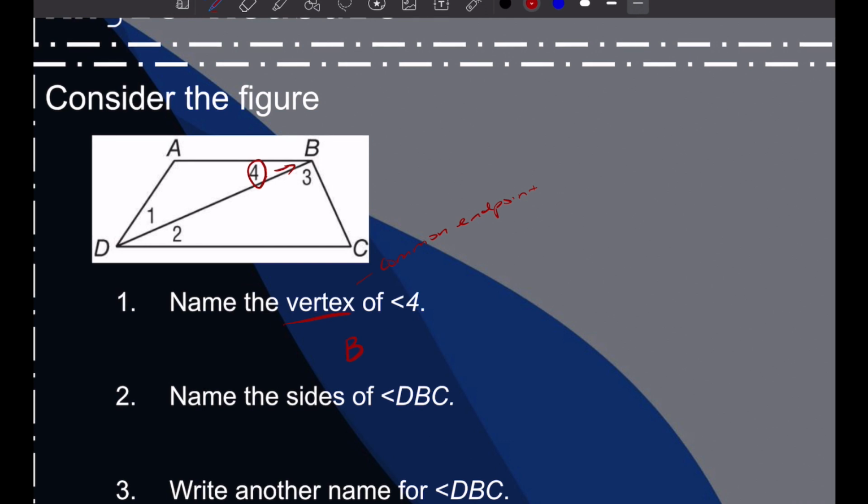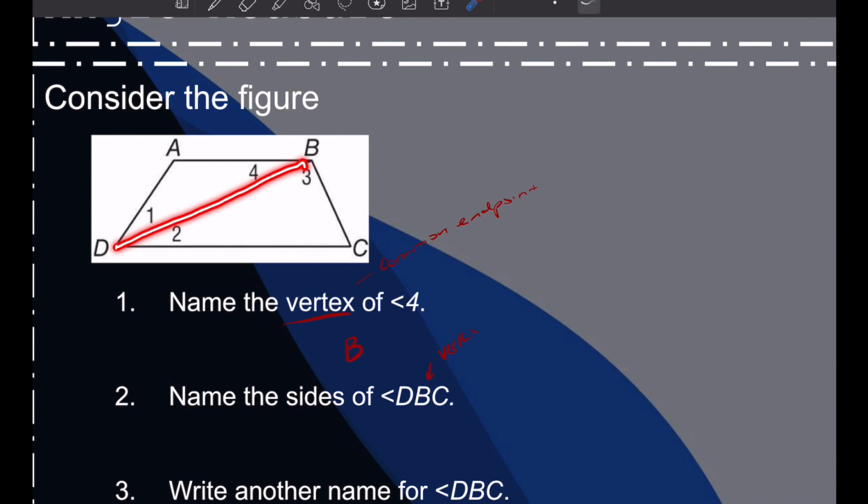Name the sides of angle DBC. So we're going to go in order, right? B is in the middle, so that means that's my vertex. So let's take a look. We have D to B to C. Okay. So if it says name the sides, that means I got to deal with the ray.